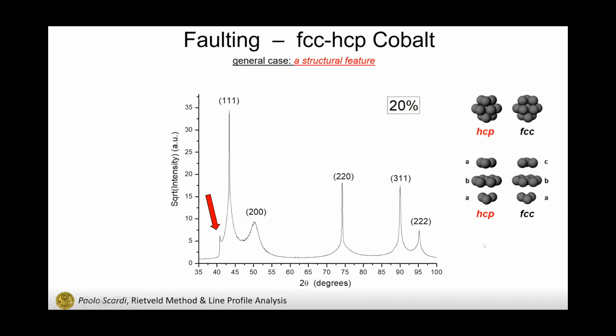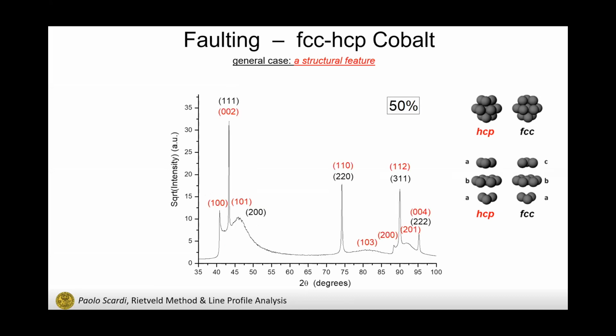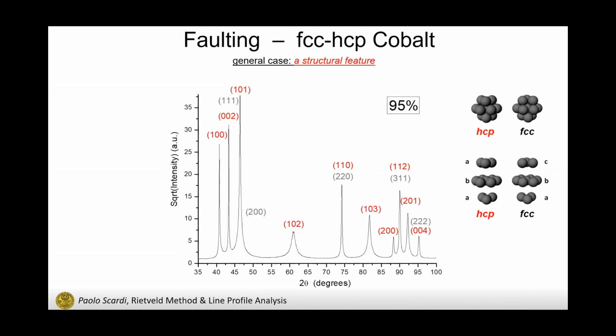And by 20% faulting, you clearly see these features and others which are emerging from the simulation, in addition to increasing broadening and shifting of the profile. At larger probabilities, you start to see clearly a mix between the cubic and the hexagonal structure peaks. And of course, if you keep increasing, at 90% the pattern is the one of hexagonal cobalt.